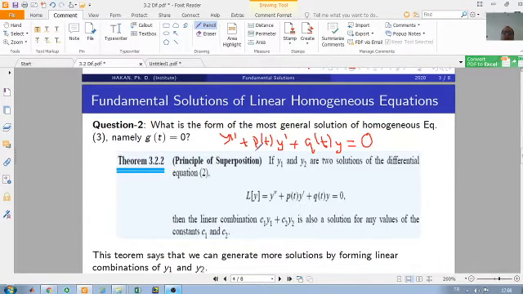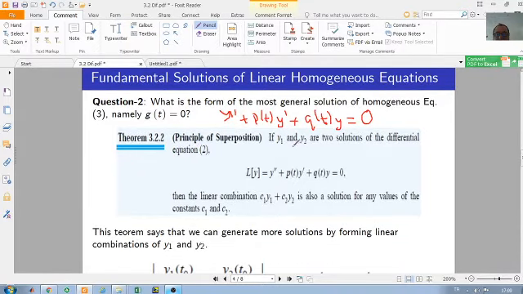We have a homogeneous second order linear differential equation. Actually, we know we can find the most general solution of this differential equation by using the superposition principle.